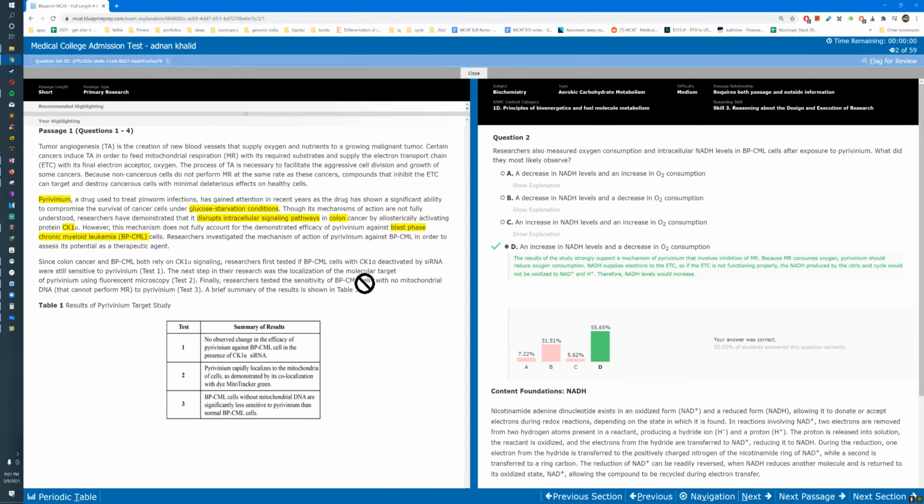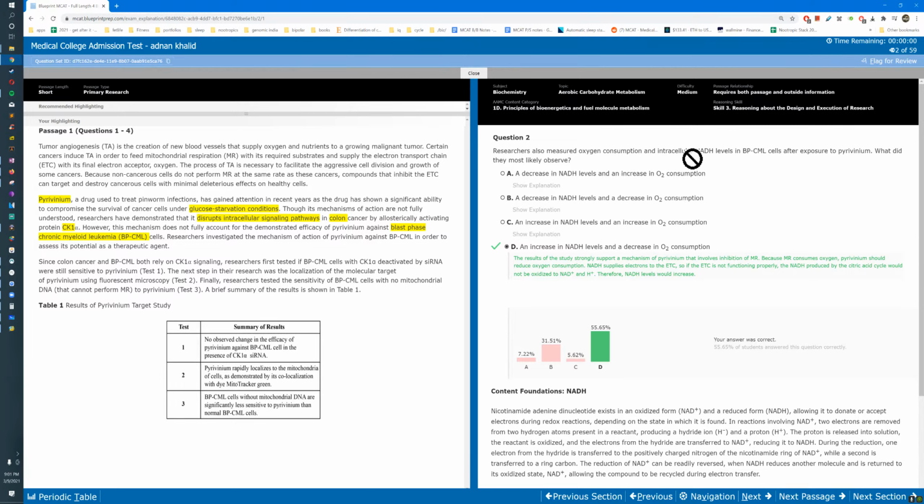Test 3 basically involves how sensitive these cells are when they have no mitochondrial DNA, meaning that they cannot perform mitochondrial respiration. So what happens then? The cells that don't have mitochondrial DNA are less sensitive to this drug, which makes sense because this drug goes straight to the mitochondria and the mitochondrial DNA.